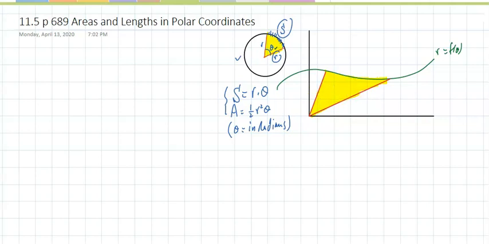So, if I take this area and cut it into sectors, and take one of those sectors and blow that up, this is really what I'm seeing.